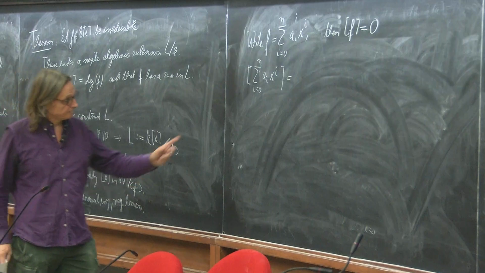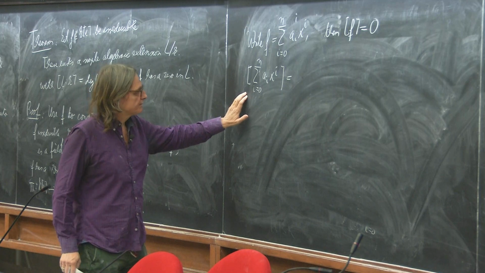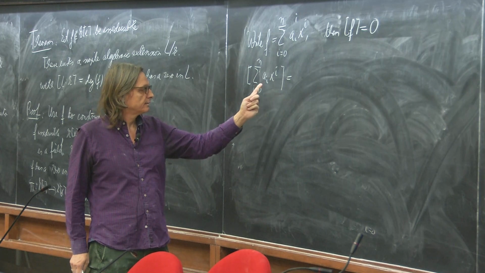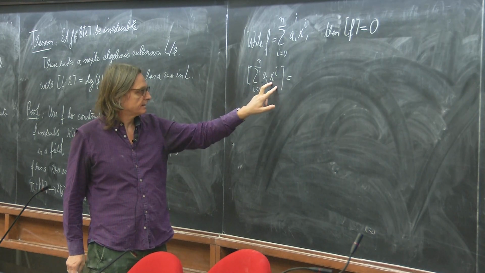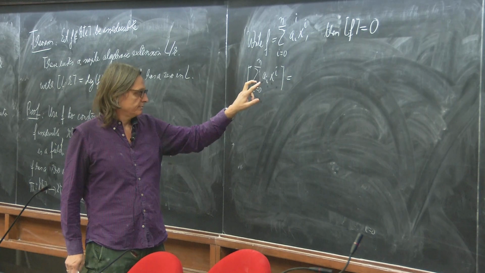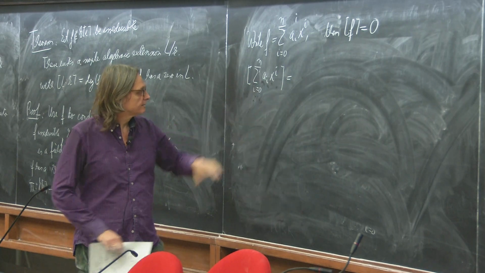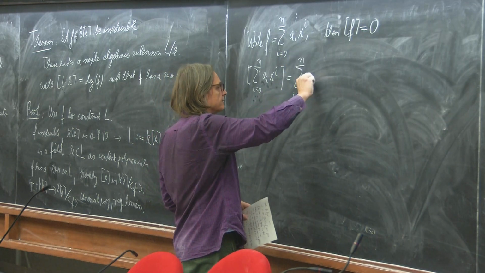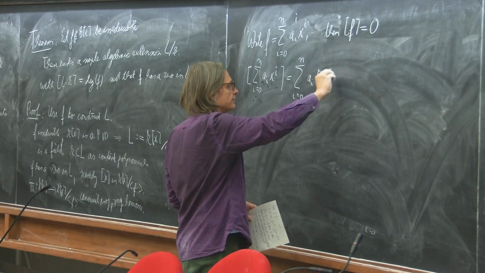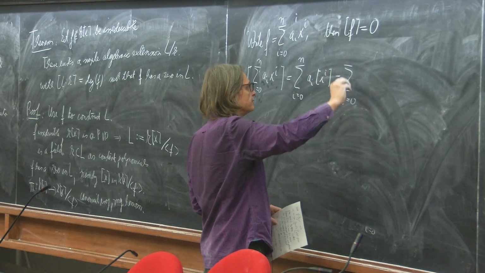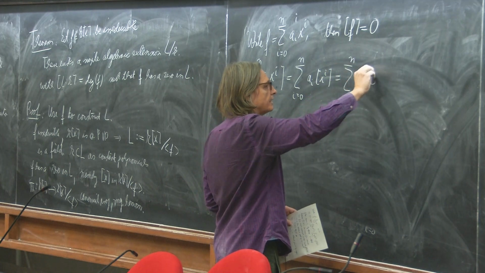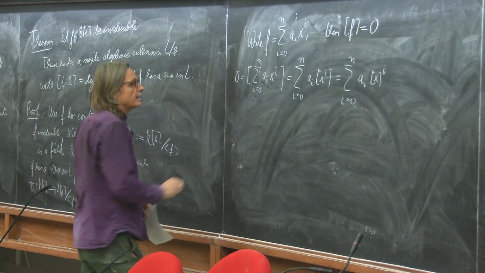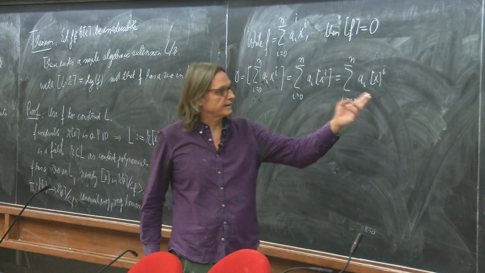A ring homomorphism means that we can pull the sum out and separate this product into the class of a_i and the class of x to the i. With our identification, the class of a_i is just a_i. So this is the same as the sum, i equals 0 to n, of a_i times the class of x to the i. And so we see, indeed, the class of x is a zero.